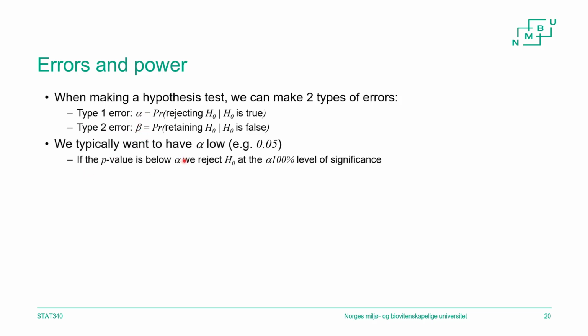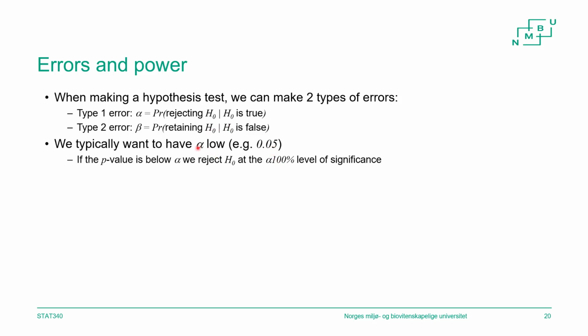And then what is typical is that we are very much concerned about this alpha, the probability of making type 1 error. And that is also why we want this to be super low, actually. So each time we look at the p-values, we say that if this is below alpha, we reject the null hypothesis at this level of significance, right? 5% level in this case, then, 0.05.